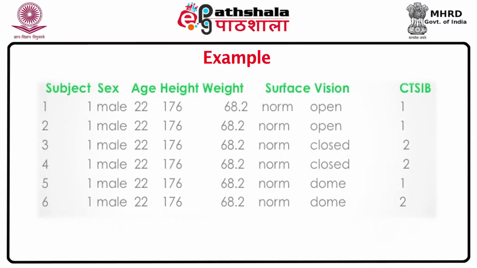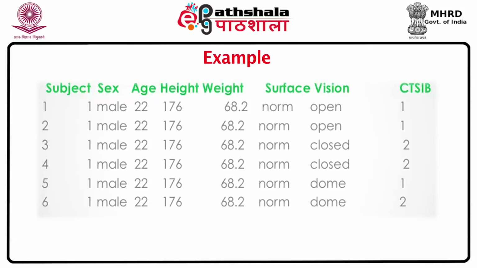So here is a snapshot of the data. I have for each subject observations on their sex, age, height, weight, surface, vision, and finally a score indicating their balance.